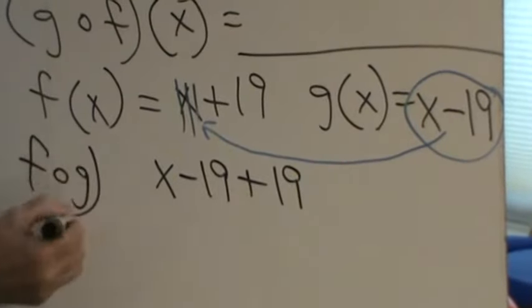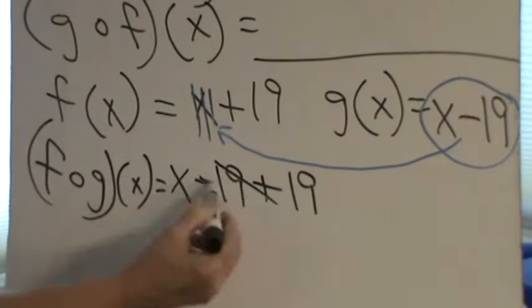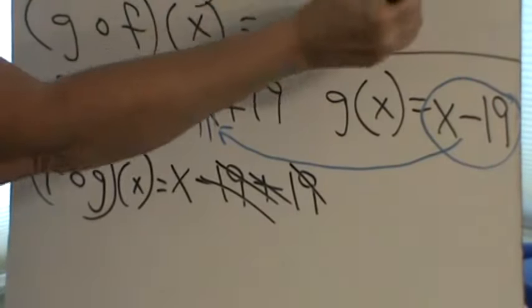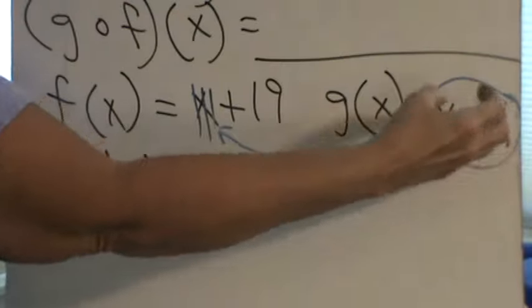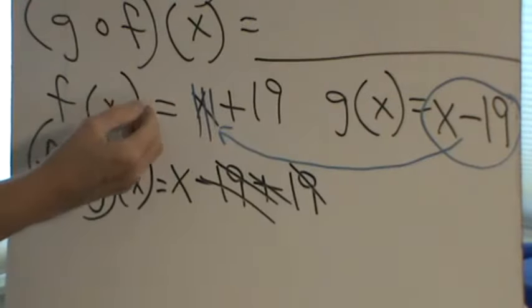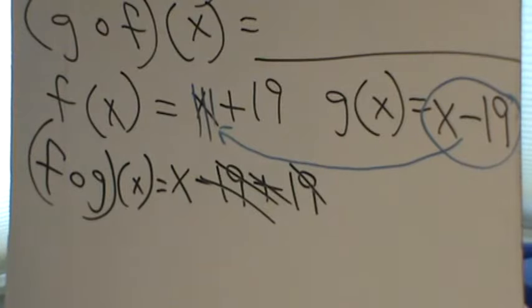That's the composition. But then the 19s cancel, so your answer to the first composition is just x. If you put g of x, math problem, into the f of x where x is, the 19s cancel and you just have x.